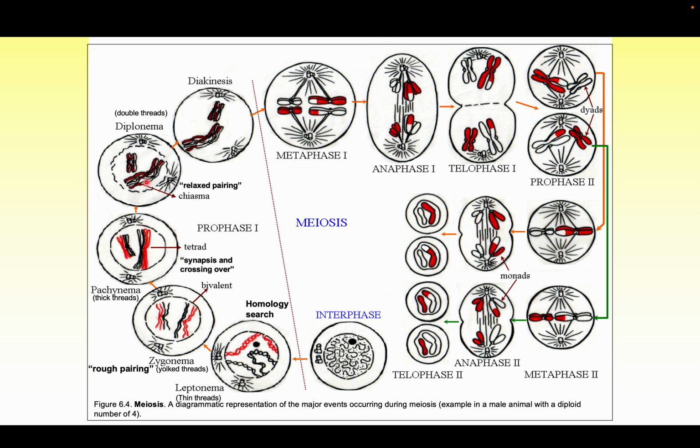Okay, and the pairing of the homologous chromosomes will now be loosened or relaxed. The pairs of homologous chromosomes will begin to be uncoupled from one another.